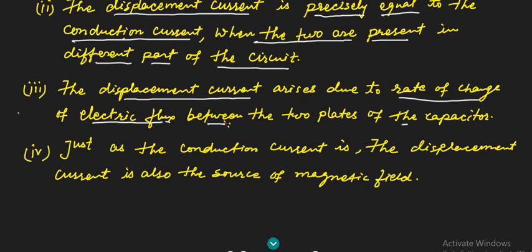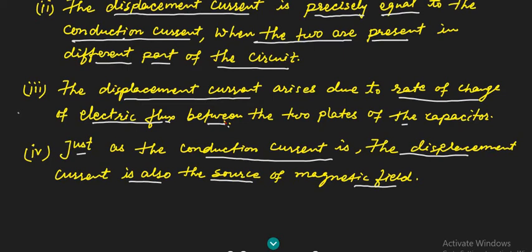And your fourth point is, just as the conduction current is, the displacement current is also the source of magnetic field. As you know, the conduction current produces magnetic field due to charges in motion, whereas the displacement current produces magnetic field due to the time rate of change of electric field.